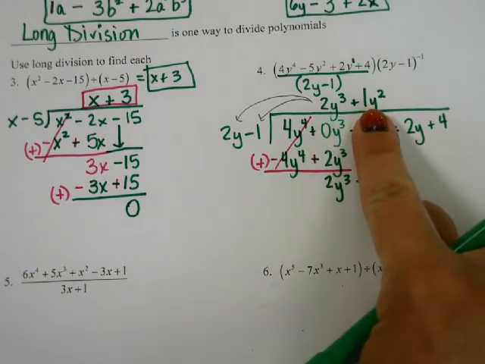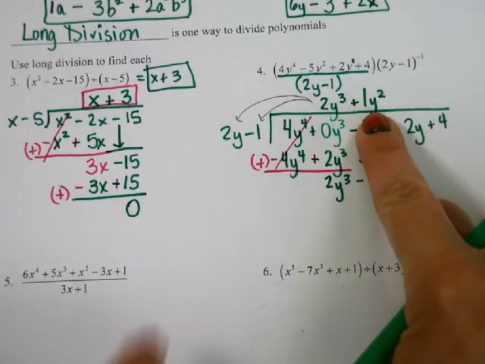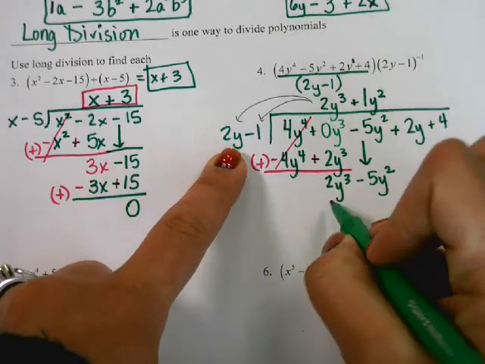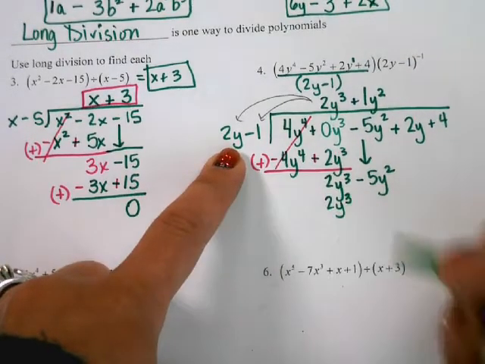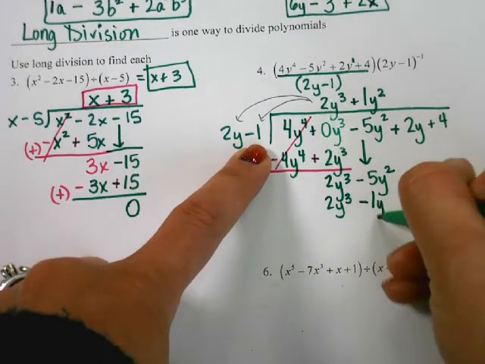Okay, multiply the new guy on top by everything out front. So y squared times 2y gives me 2y to the 3rd. Y squared times a negative 1 gives me negative y squared.